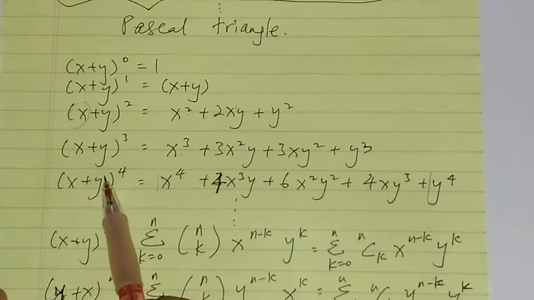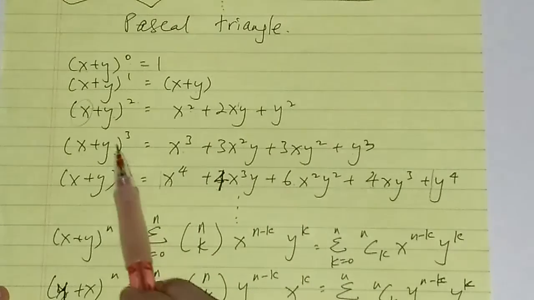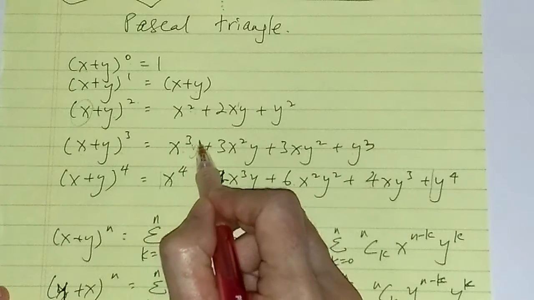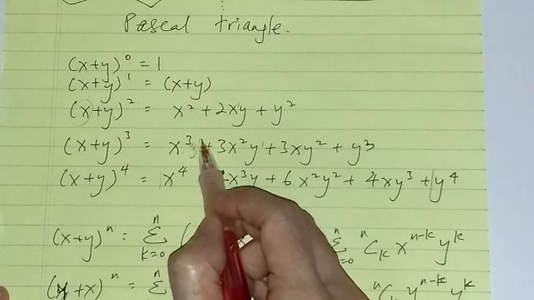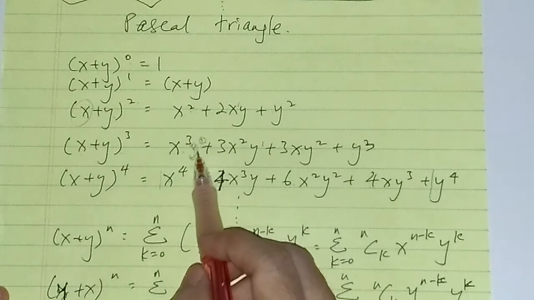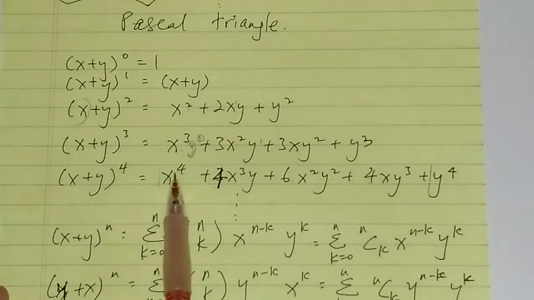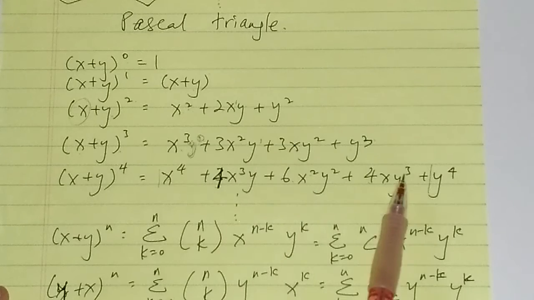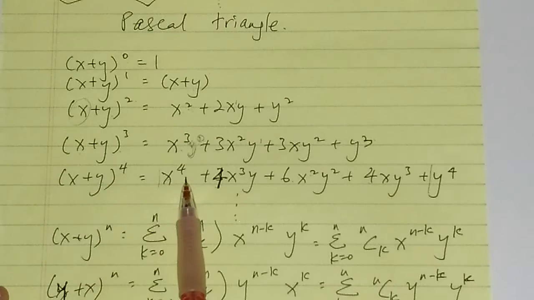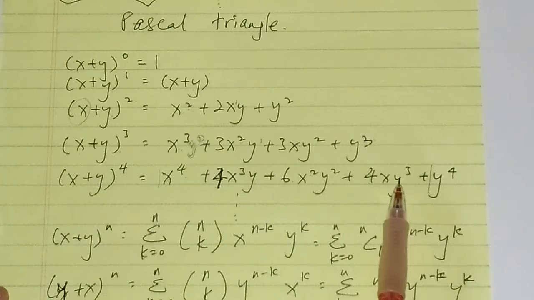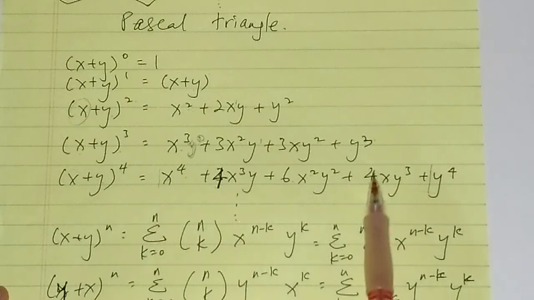Same for power 3, 2, 1, 0, and y starts from power 0, 1, 2, 3. Anything to the power 0 is 1, that's why we don't write a power 0 here. For the next one, the x's are 4 3 2 1 0, and the y's are 0 1 2 3 4. So one term is in descending order, the other term is in ascending order.